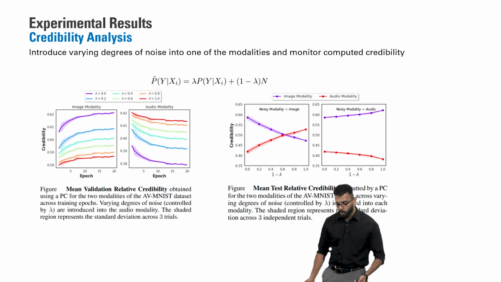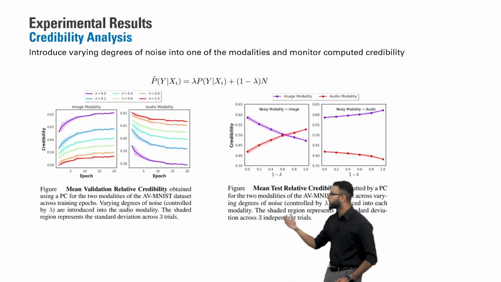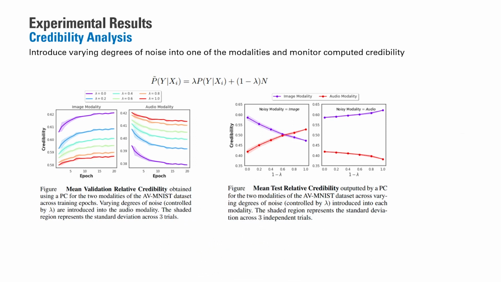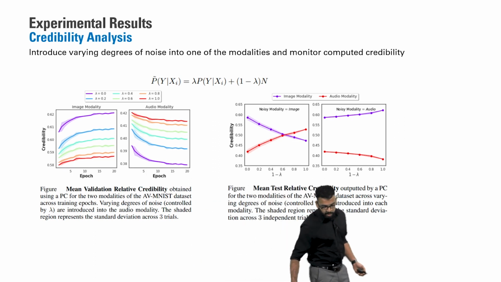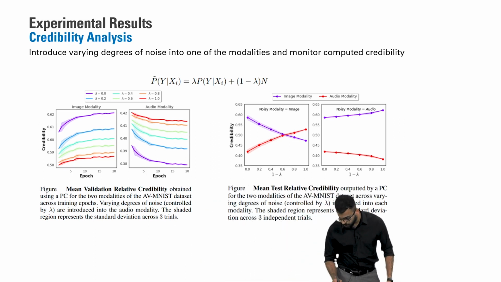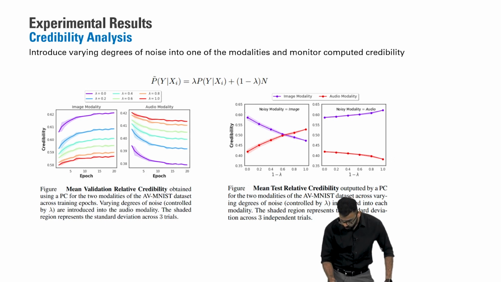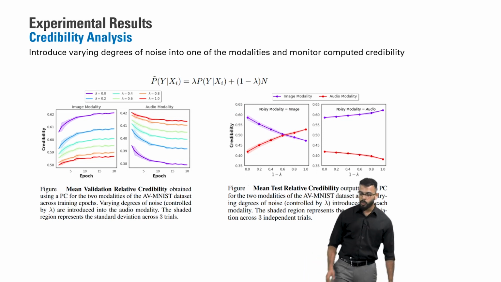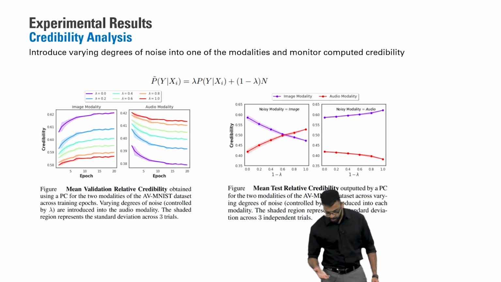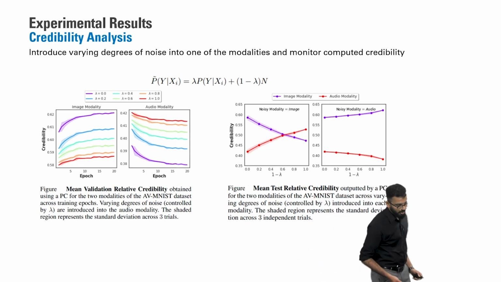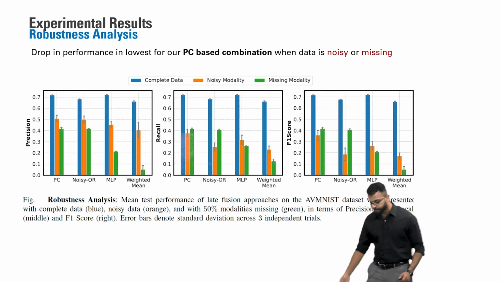The way we evaluated credibility was to take a particular modality and keep adding noise to it until it becomes completely random noise. When you do that, the credibility of that modality should decrease. What we experimentally observed was that if you incorporate noise into the image modality here, and you look at the credibility scores that the PC computes, as you increase the noise in that modality, the model is able to say that modality is less credible.